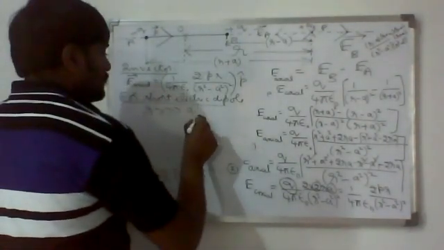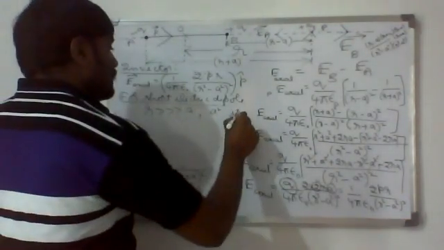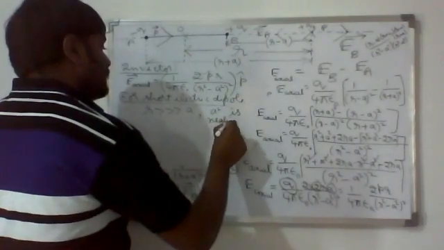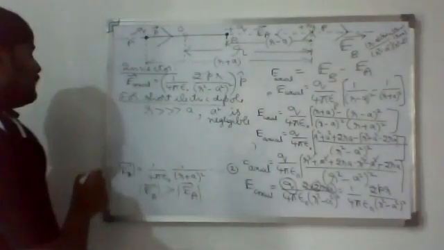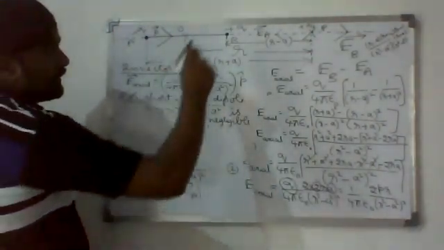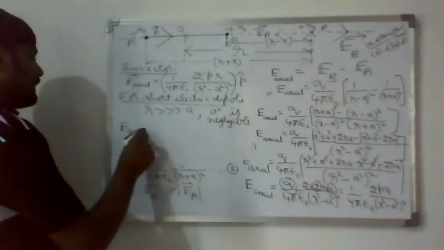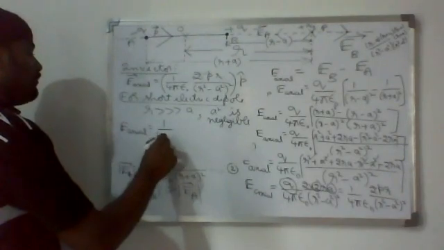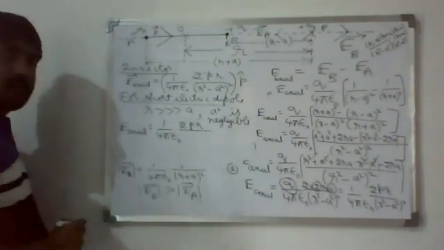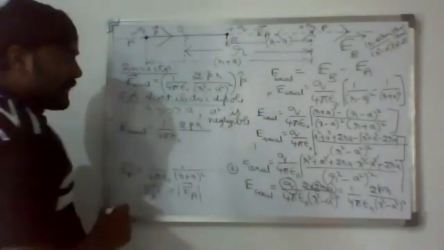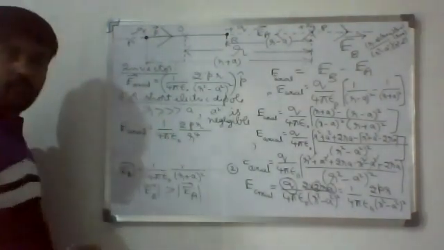So in this case, a square is very small, that is negligible. So finally, for a short electric dipole, electric intensity at a point on the axial line is E axial equal to 1 divided by 4 pi epsilon naught, 2pr divided by, since a square is negligible, (r square) whole square becomes r power 4, right?